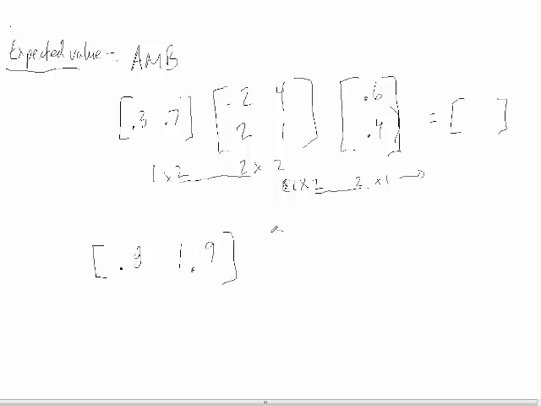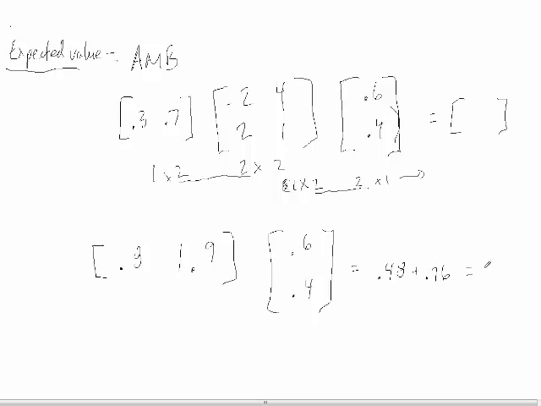And we'll multiply that by 0.6, 0.4. So we get 0.8 times 0.6, which is 0.48, and 1.9 times 0.4, which is 0.76.